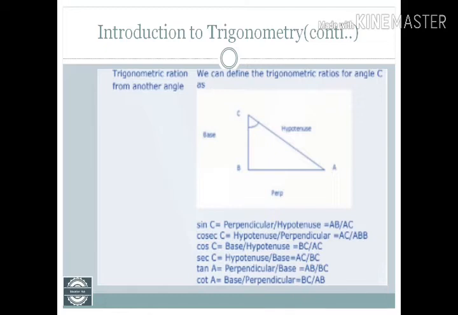I already told you, perpendicular by hypotenuse gives the sine, cosec is just the opposite, cos is base by hypotenuse, sec is just the opposite of cos, tan is perpendicular by base, and cot is just the opposite of tan. All these are applicable for acute angles.